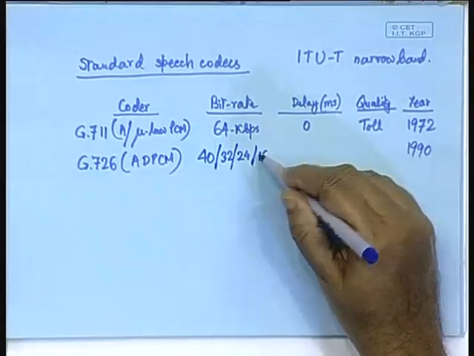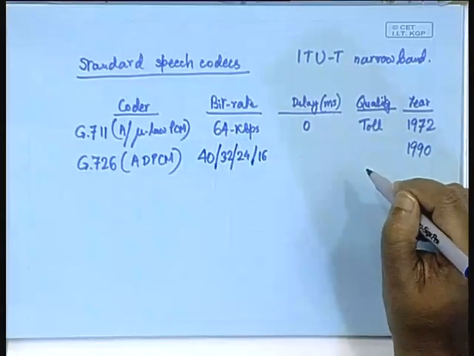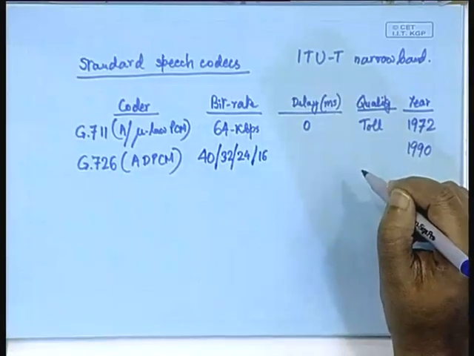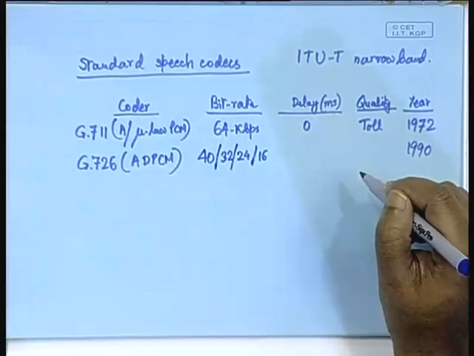So, 16, if you compare with 64, definitely it is 1:4, a very substantial reduction. Now, ADPCM definitely requires some amount of buffering, because you see how you are predicting the samples. You are predicting based on the past samples.